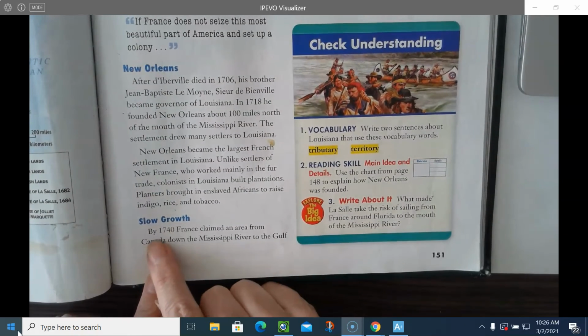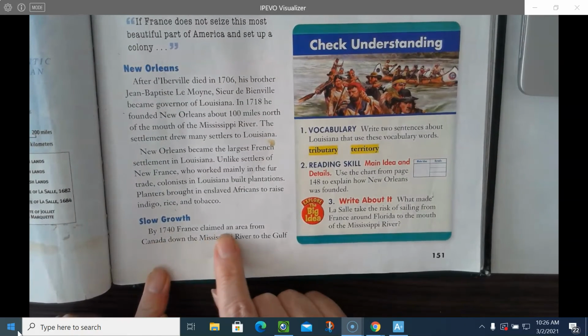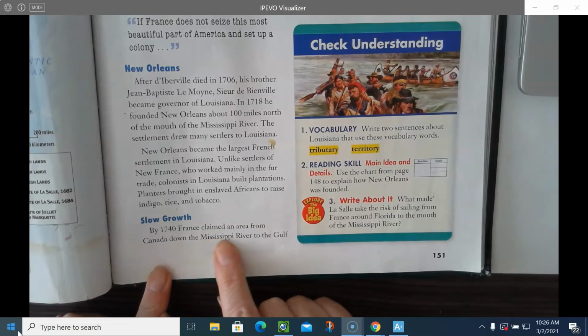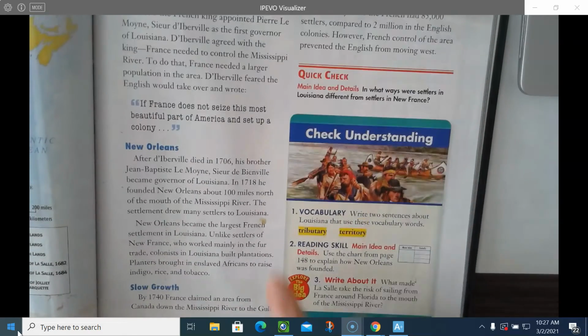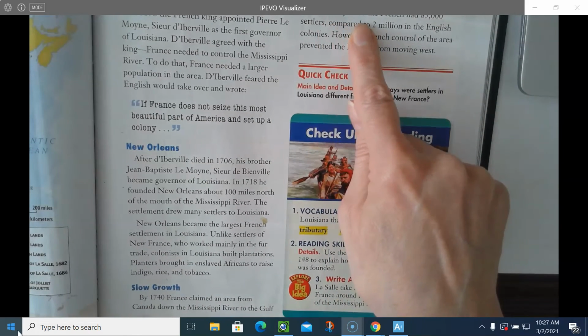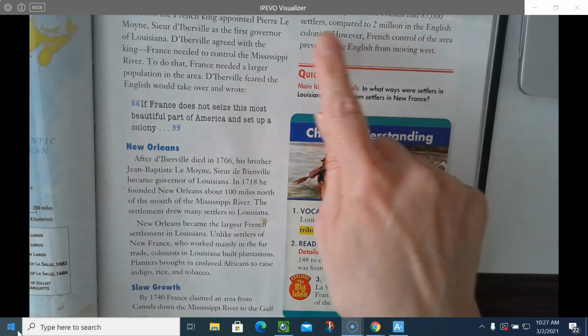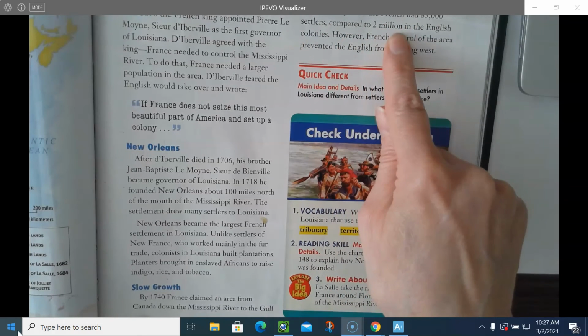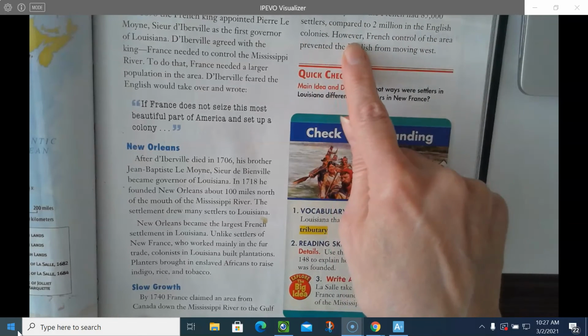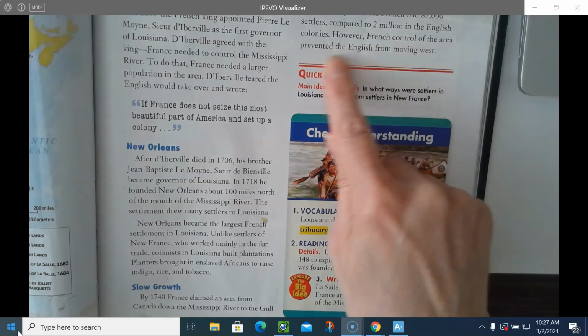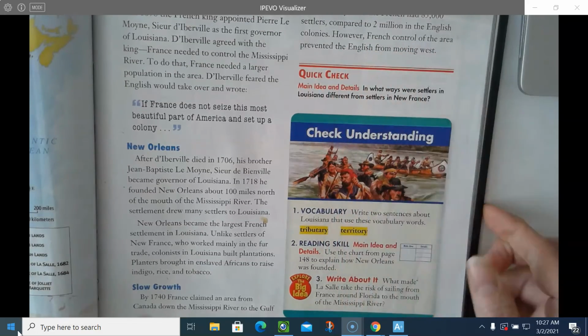Slow growth. By 1740, France claimed an area from Canada down the Mississippi River to the Gulf of Mexico. By 1760, the French had 85,000 settlers compared to the 2 million in the English colonies. However, French control of the area prevented the English from moving west.